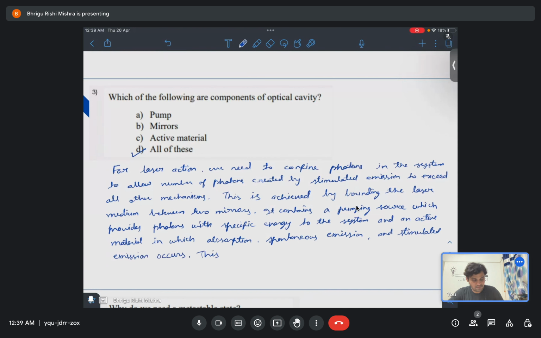This complete system is called the optical resonator cavity.